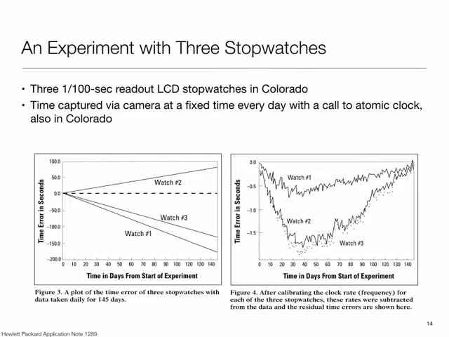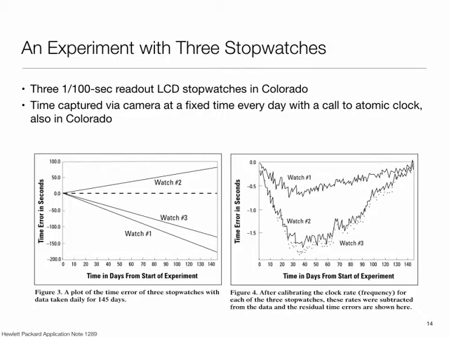That's a long-term behavior. You can see that over the long term, in this particular case 140 days, there's a significant drift, and that is because there is a long-term difference in frequency. This is the cumulative effect of the way the frequencies were drifting.